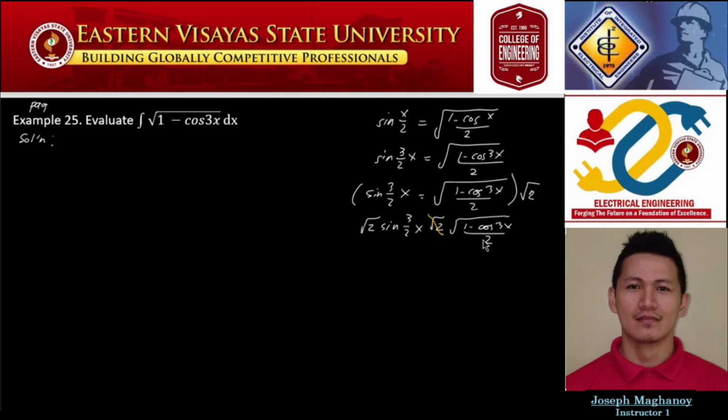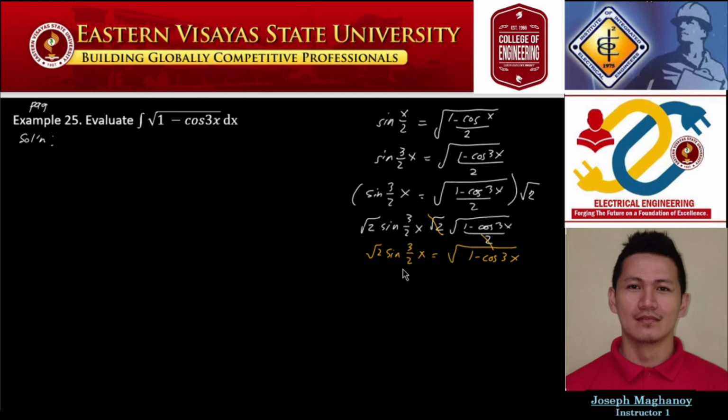Square root of 2, same. The denominator, if we distribute the radical here, will be the same as square root of 2. So finally, your square root of 2 sine 3 over 2x is equal to square root of 1 minus cosine 3x.